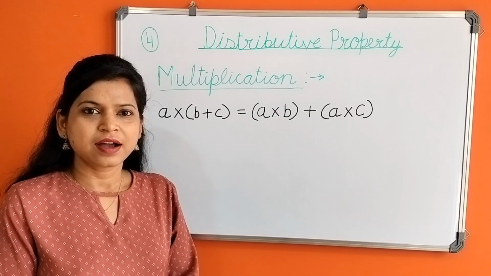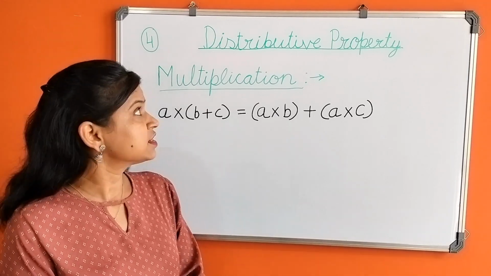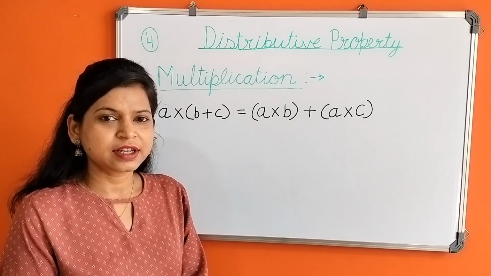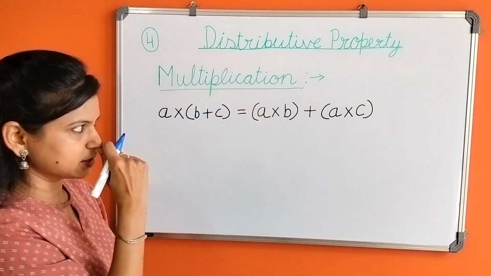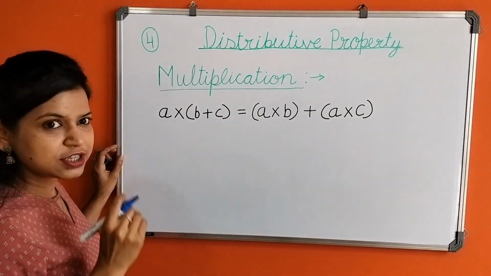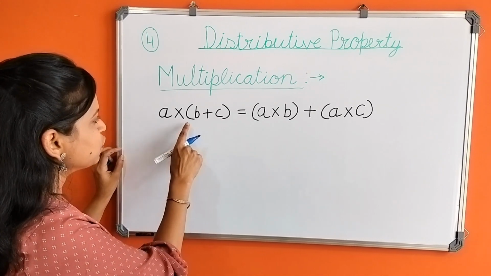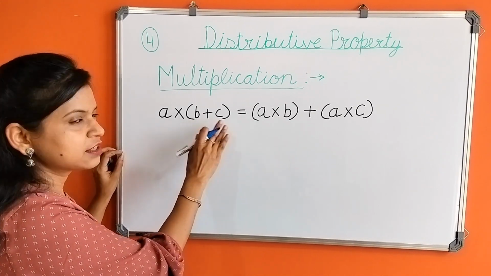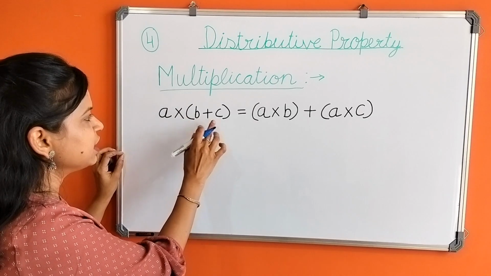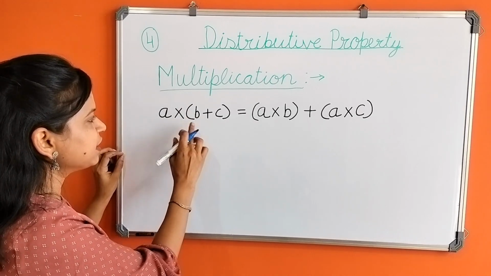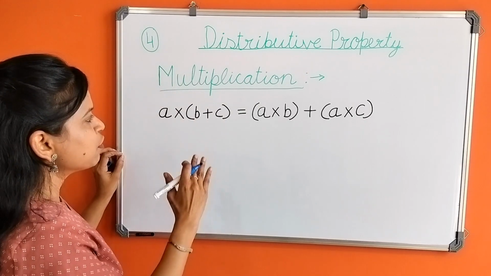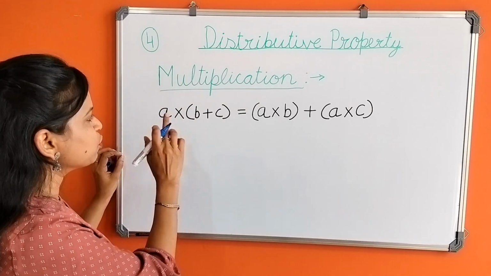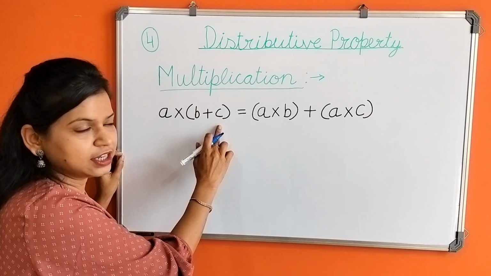Okay. Our next property is the distributive property. This property is applicable only for multiplication. What is this property? a into b plus c. We have three integers a, b, c. a is multiplied with b plus c. So what we will do? We will distribute a with b and c.